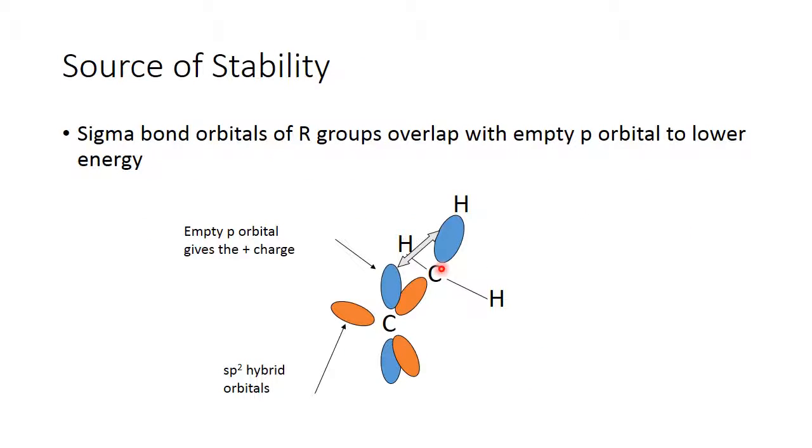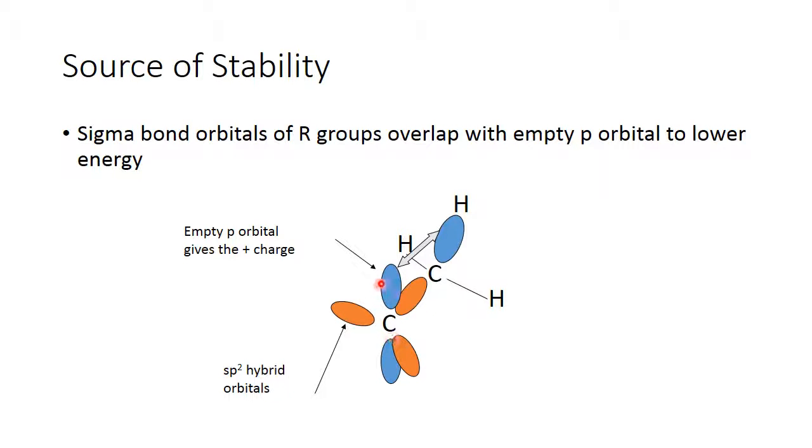This occurs because, just as with substitution on a double bond, the electrons that are in an alkyl group attached to a carbocation can overlap with this orbital. This orbital is basically an empty orbital that's very hungry for electrons. A carbocation will have a carbon that is sp2 hybridized, so these orbitals right here are sp2 orbitals.